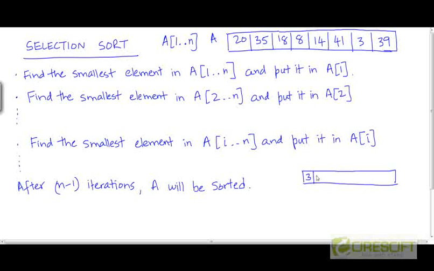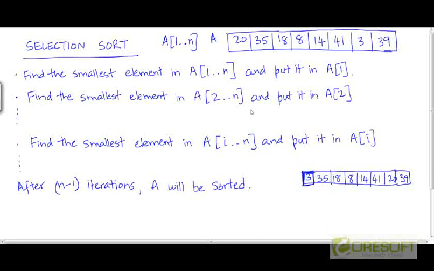let me write the whole array here. So after the first iteration, after the first step, we have the smallest element at the beginning.